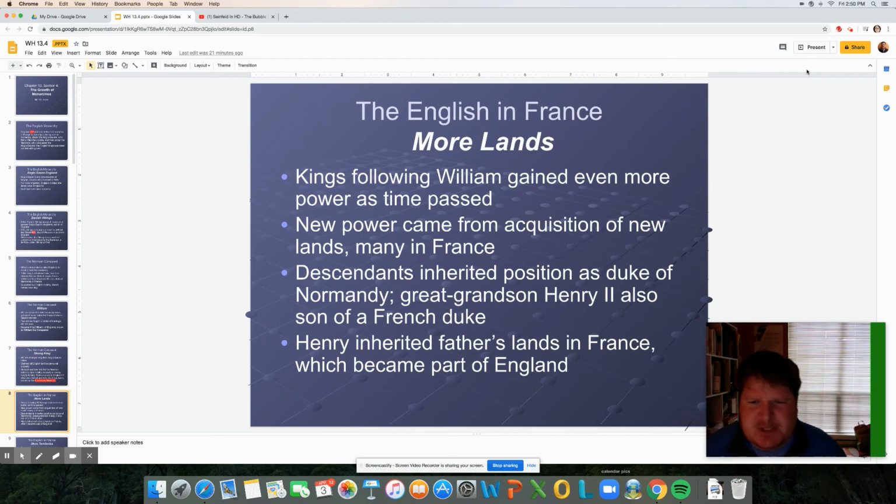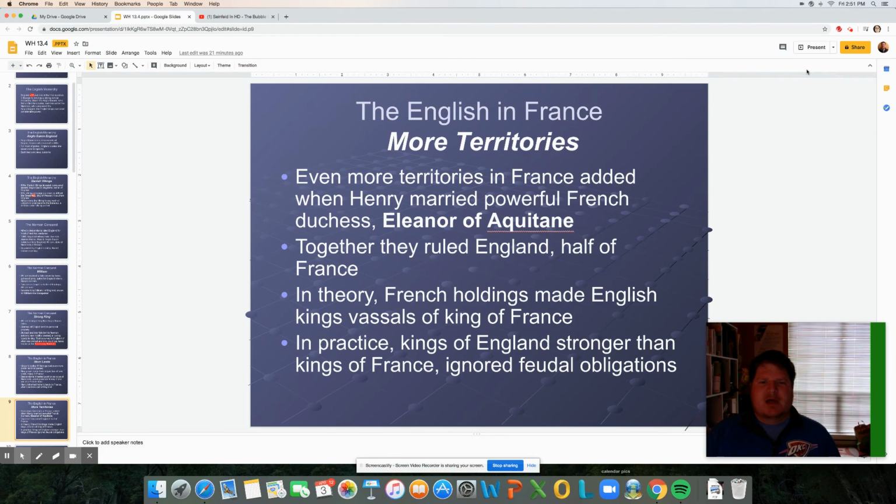Descendants inherited the position as Duke of Normandy. Great-grandson Henry II was also the son of a French Duke. Henry inherited his father's lands in France, which became part of England. And we see that more territories in France were added when Henry married a powerful French Duchess, Eleanor of Aquitaine, and together they ruled England and half of France.